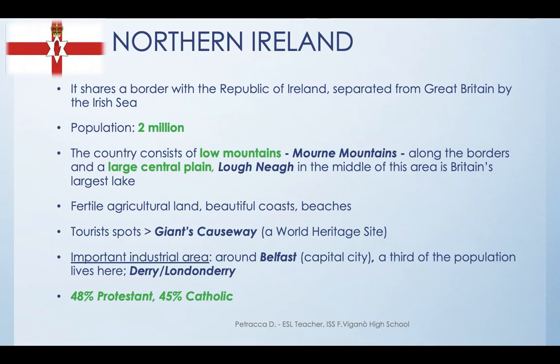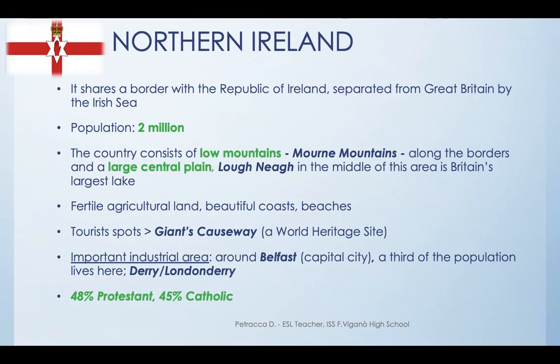If we have to consider tourist spots, we will for sure recall the Giant's Causeway, a World Heritage Site. And among important industrial cities, we should consider the area around Belfast, which is the capital city, where a third of the population lives.